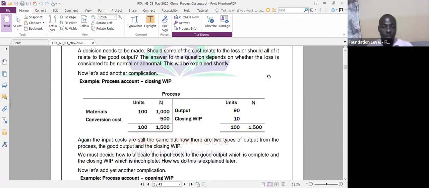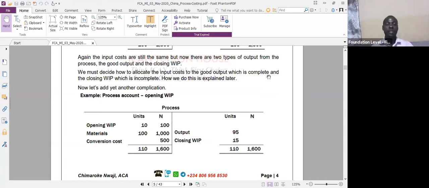How will you value the output? So we must decide how to allocate the input costs to the good output, which is complete, and the closing work in progress, which is not complete. We're going to explain that further.